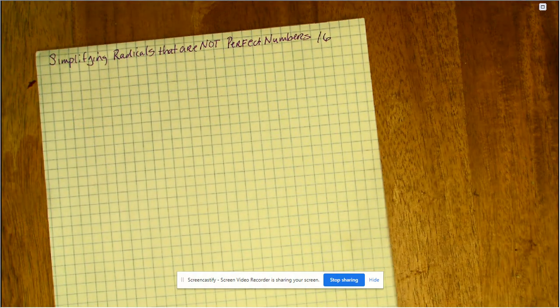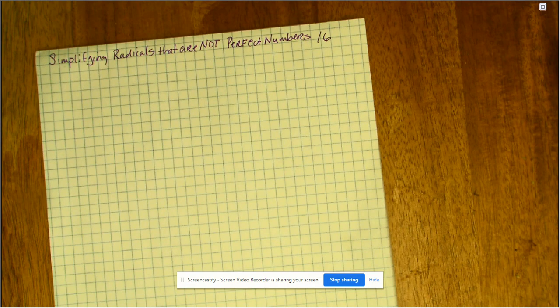So the other day we talked about perfect square numbers and perfect cube numbers. In these situations, an example would be like 36 because 6 times 6 gives you 36, and it's called square because a square with a side of 6, 6 times 6, gives us an area of 36.